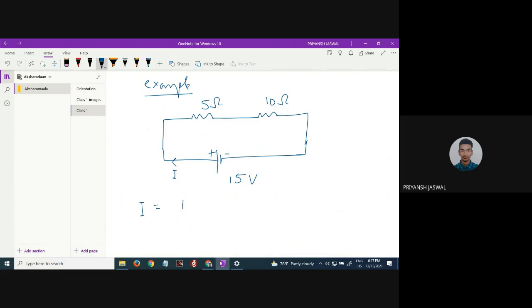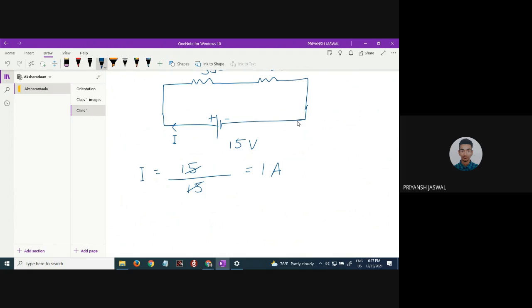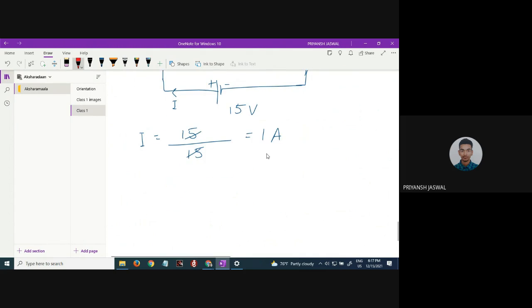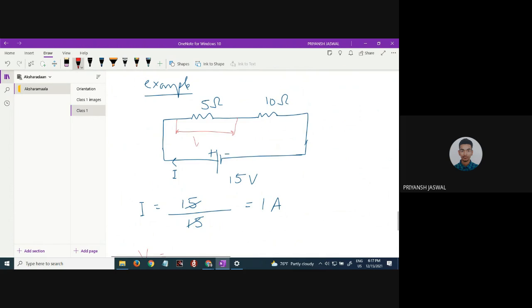I will be 15 upon R total, which will be 5 plus 10, that is 15 ohm. So current is 1 ampere. Now the potential dropped across the 5 ohm resistance, let's call it V1, and the potential across the 10 ohm resistance, let's call it V2.